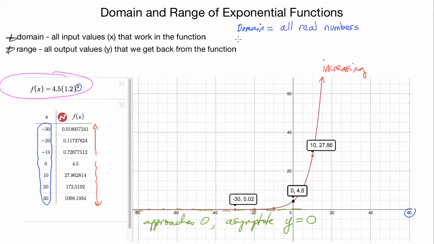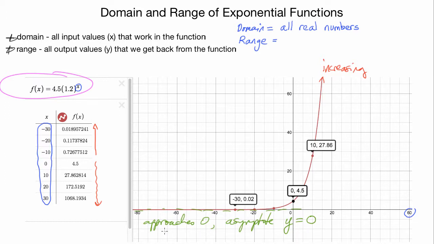What gets interesting is when I get into the range. The range is the y values. If I just look at this, I get positive numbers. It's very big, but in terms of getting smaller, I get very tiny numbers, but I'm never, ever going to get 0, and never going to get a negative number, at least not for this specific function.